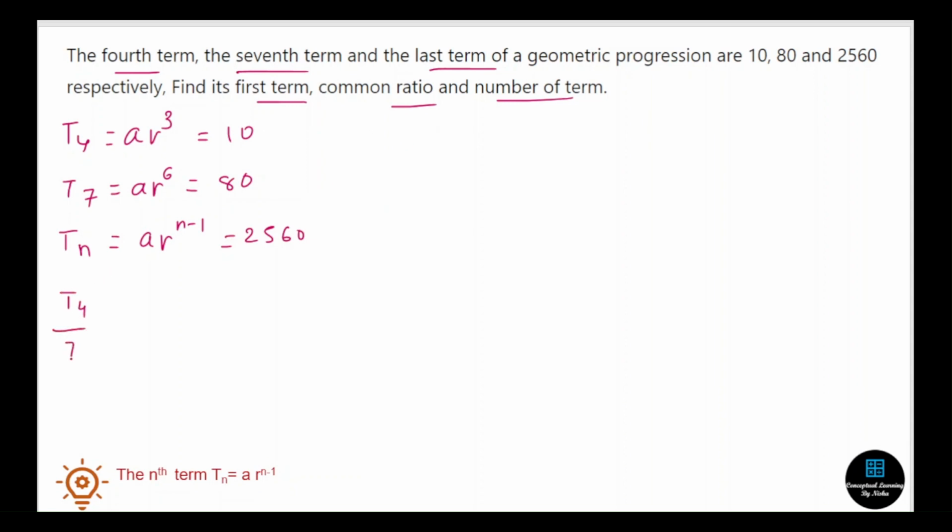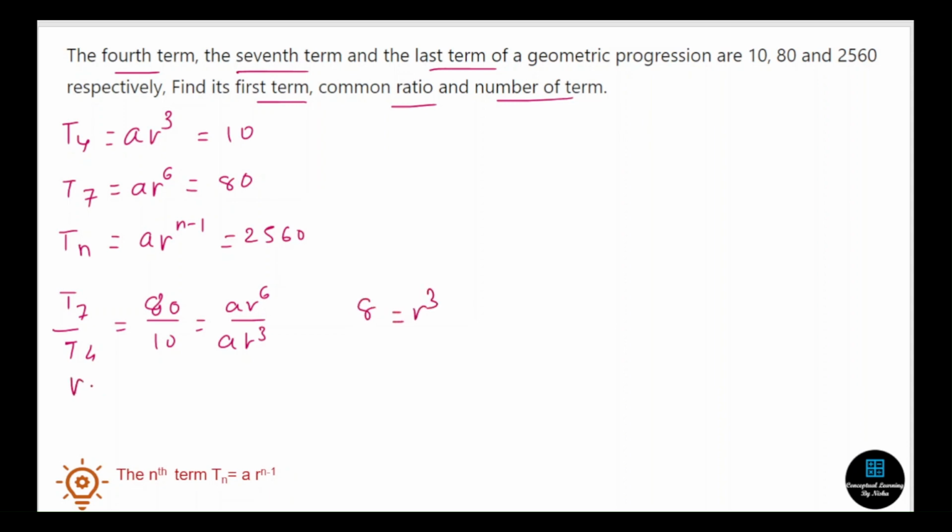Now we'll take the ratio of T4 and T7 to find the value of r. So I'll make T7 to T4 so that it will be easy for us, okay, to find it. 80 over 10 and this gives me A r raised to 6 over A r raised to 3 and this gives me 8 is equals to r cube.